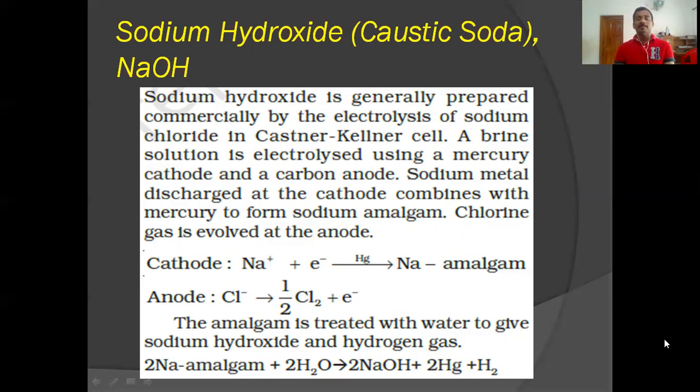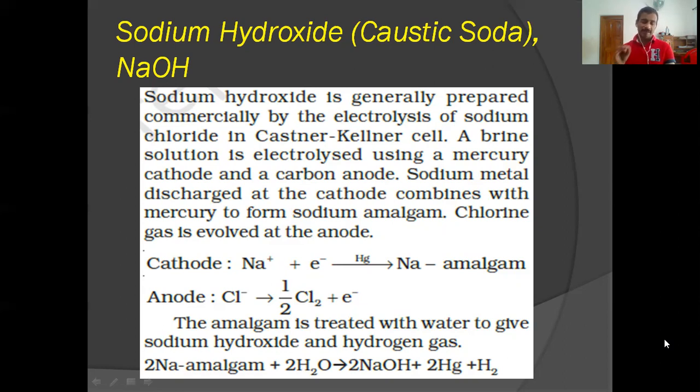The amalgam is treated with water to give sodium hydroxide and hydrogen gas. So this sodium amalgam is formed. Sodium will be deposited at the mercury, and the two combine to form a solution known as sodium amalgam.